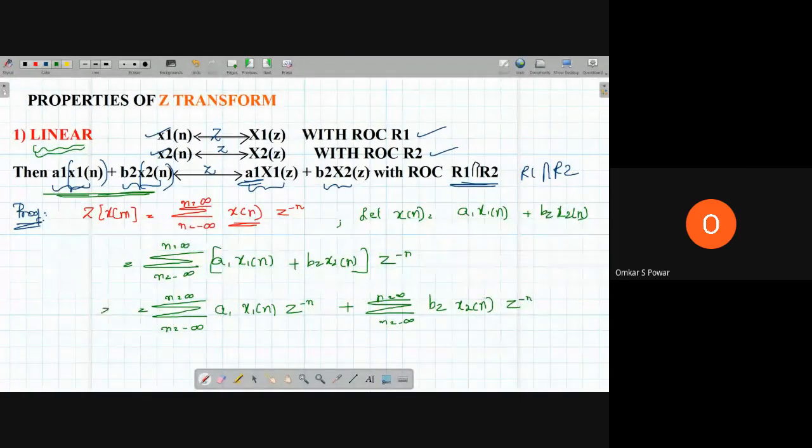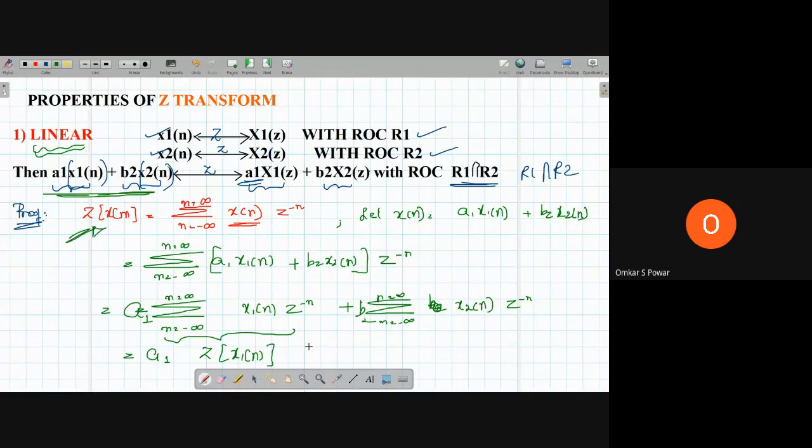In the next line, I'll take a1 outside, and b2 I will take outside. So what happens? The summation of x1 of n z to the power of minus n is the Z transform of x1 of n, because it is the same formula.